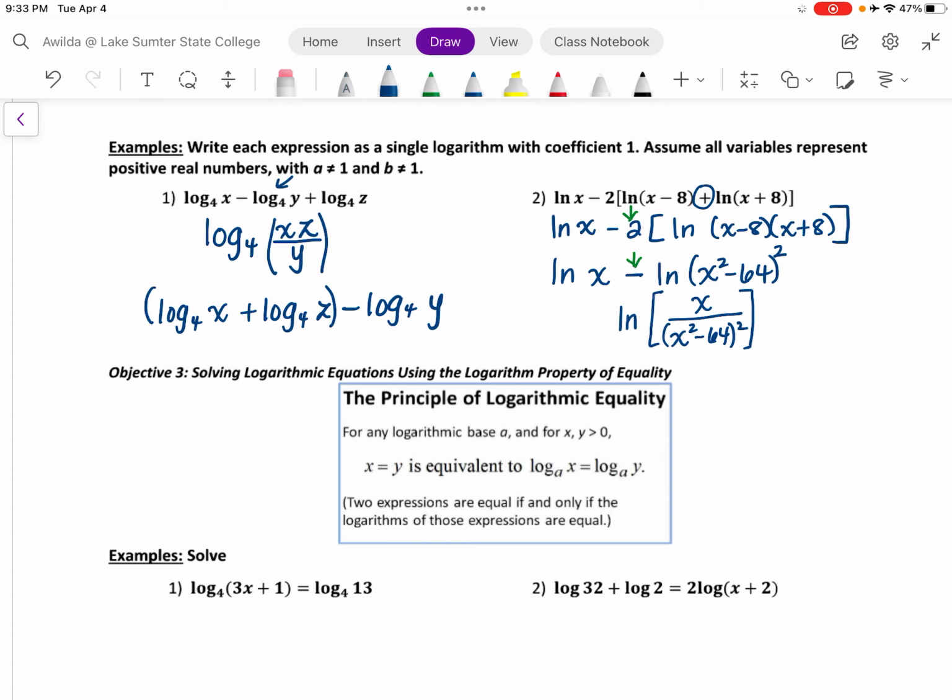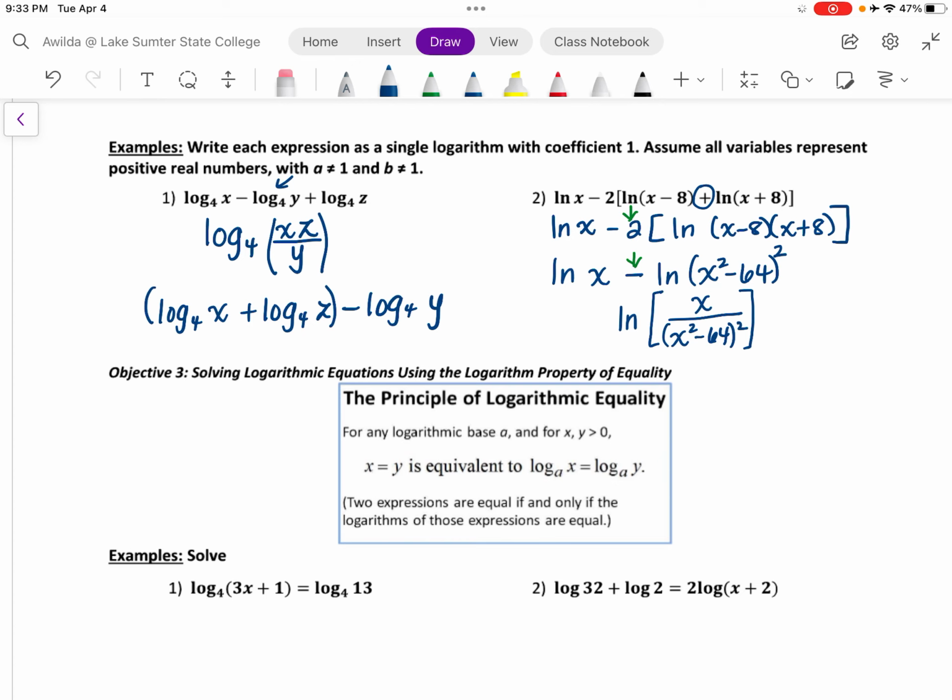Next, let's look at the principle of logarithmic equality, which states that for any logarithmic base a and for any x and y greater than 0, these two statements are equivalent. x is equal to y, and logarithm base a of x is equal to logarithm base a of y.